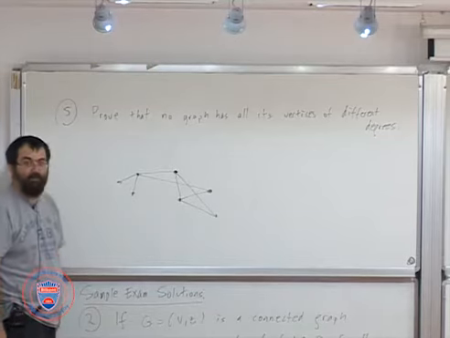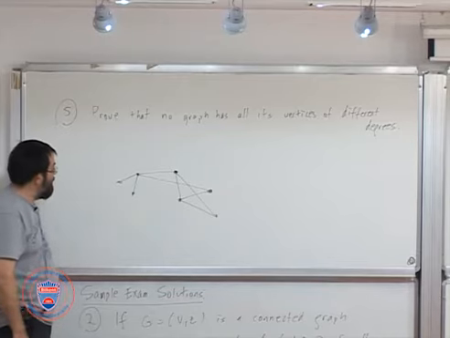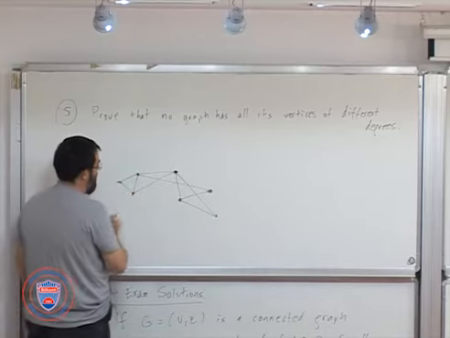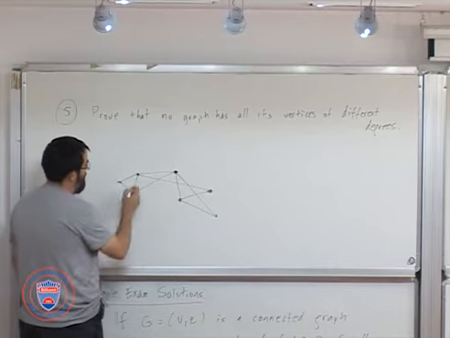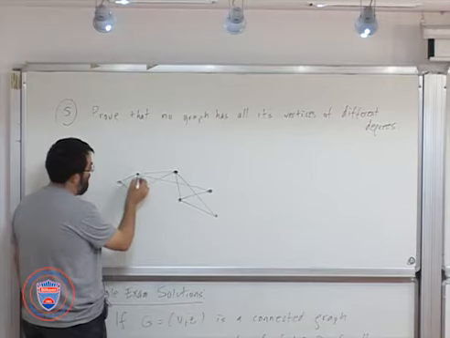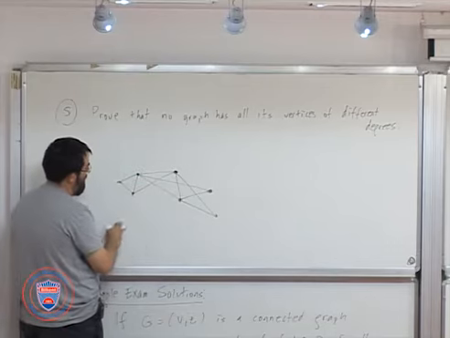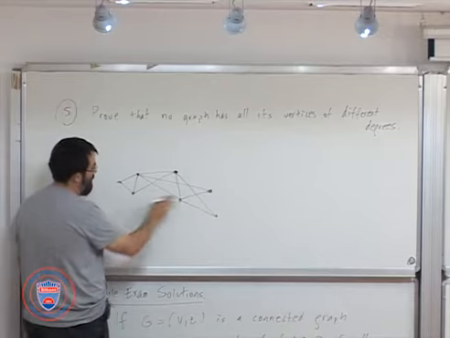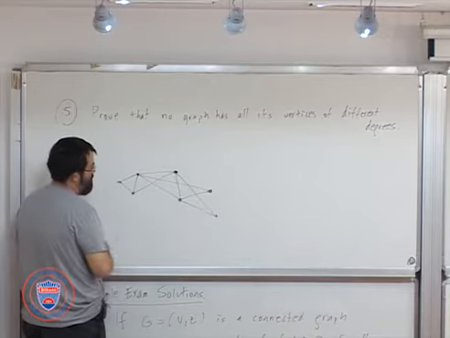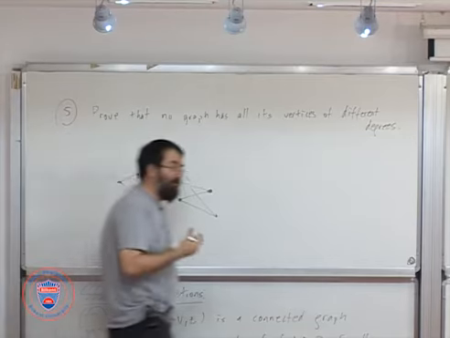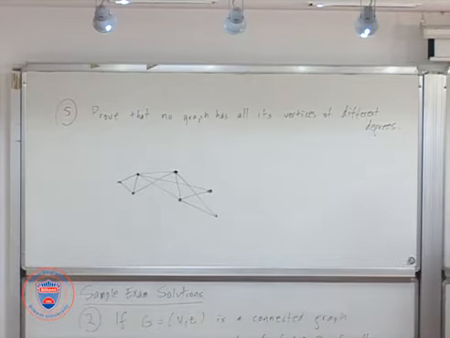Any ideas on how you can show this? You can try to make it more tense, but you always have like 4 and 4. Make this 5, then this 4 is the same as this 4. This is 2, 3, 2. You cannot make a graph where all the degrees are different.